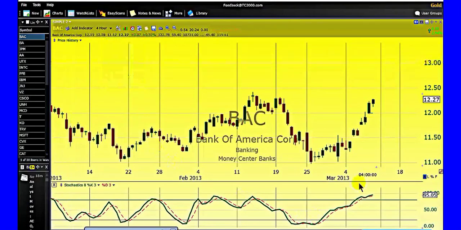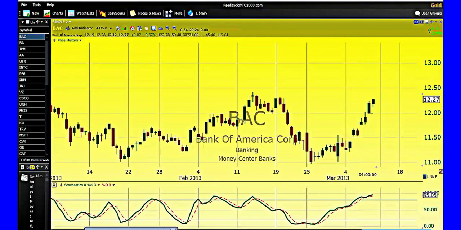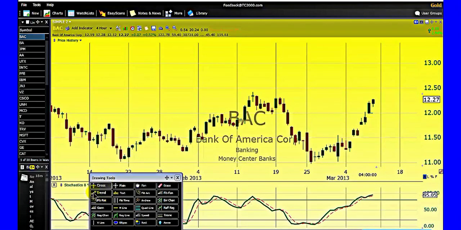Keep your eyes there, and soon you'll see the 5th. Can you see the 5th of March, 3/5/13, on your top left-hand corner? It's there. If I put a vertical line there, I want to show you what has happened.